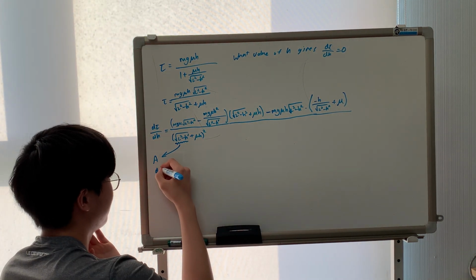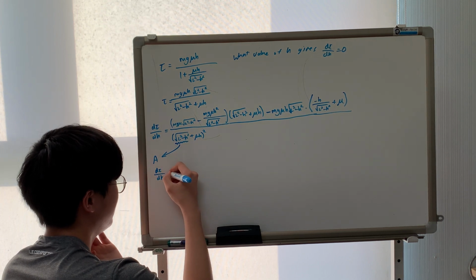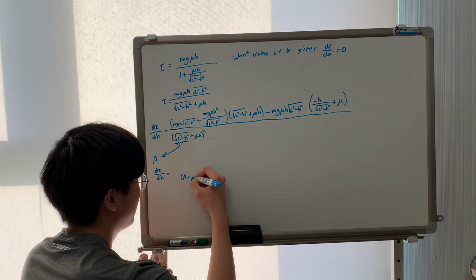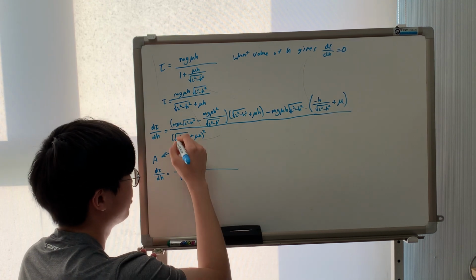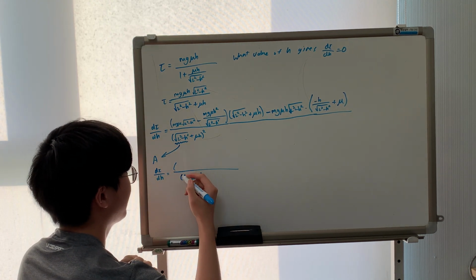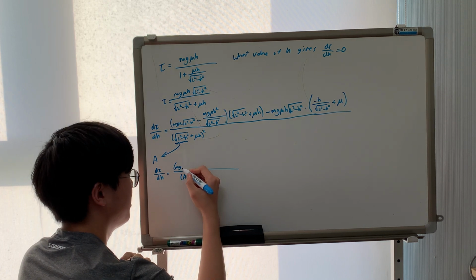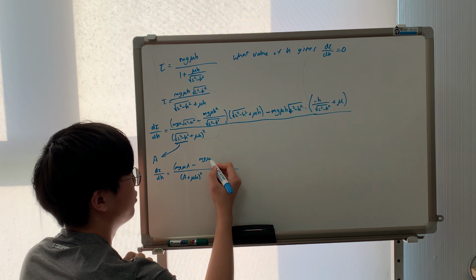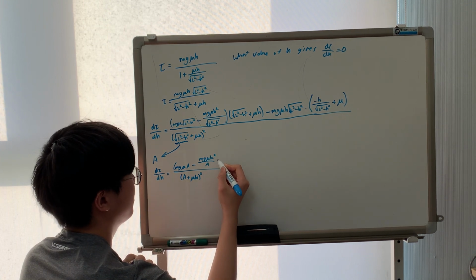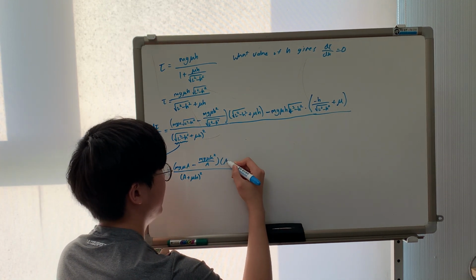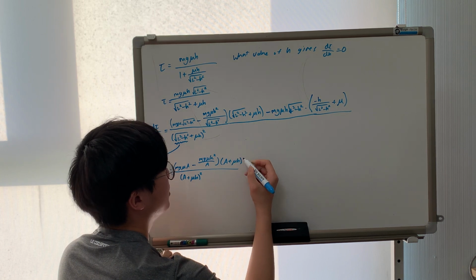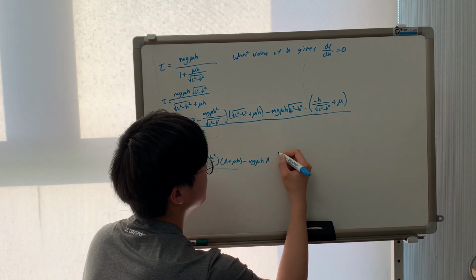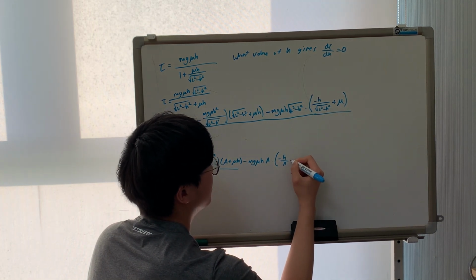So when we do that, we have d torque over dh is equal to a plus mu h squared, because we're substituting by a, and then in the numerator we have mg mu a minus mg mu h squared over a times a plus mu h minus mg mu h a times minus h over a plus mu.